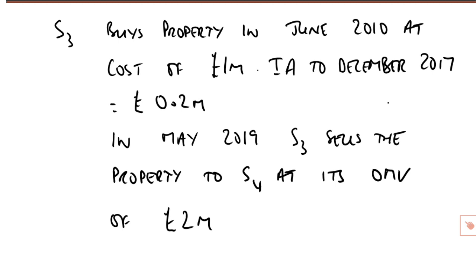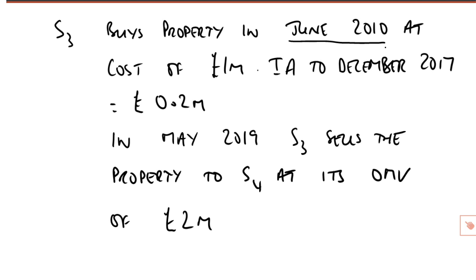We're told that originally S3 buys a property in June 2010. Relevance of that is it's before December 17. It means, of course, that indexation allowance will be available on any disposal of that property that occurs post-December 17.